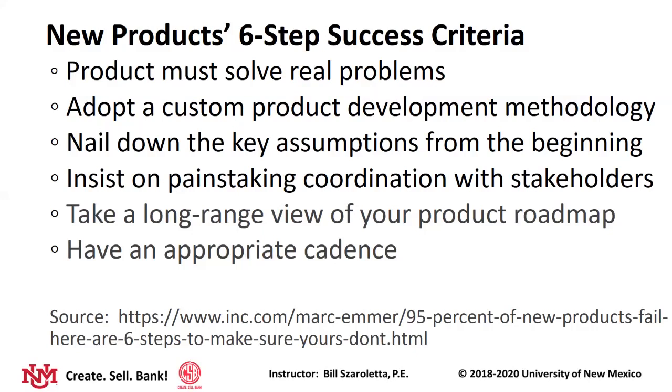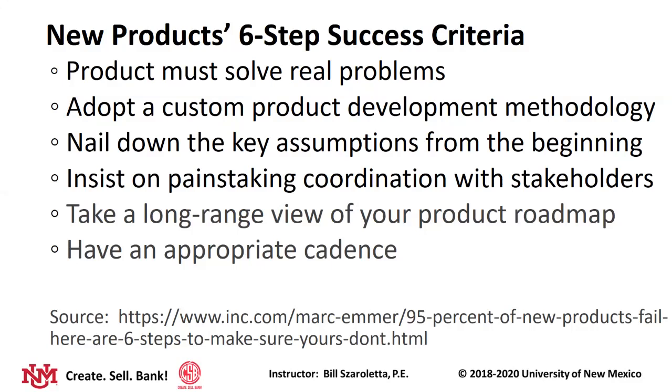Okay, so you got one product. What's coming next? Because if you know the subsequent products, you can design what's called hooks into your current product so that you can snap on additional features and various things like that. It's called making your product extensible. And then have an appropriate cadence so that you know when things are going to get done.